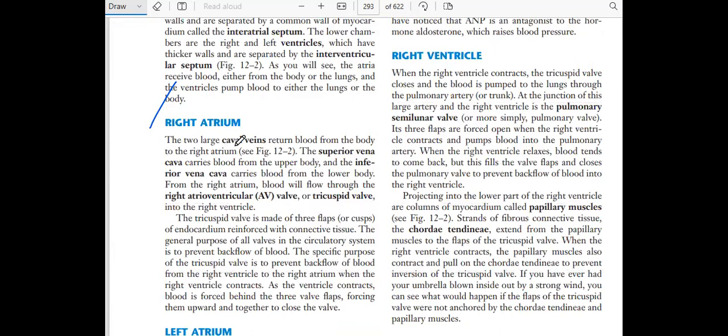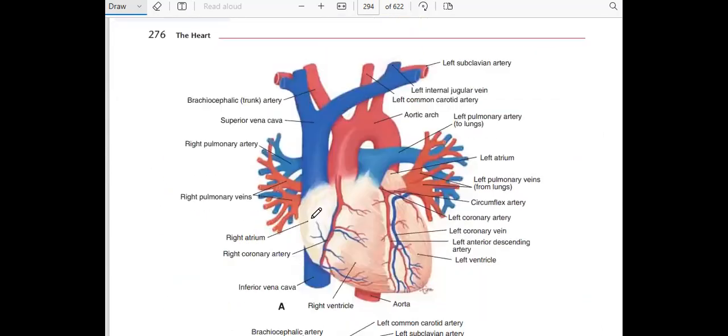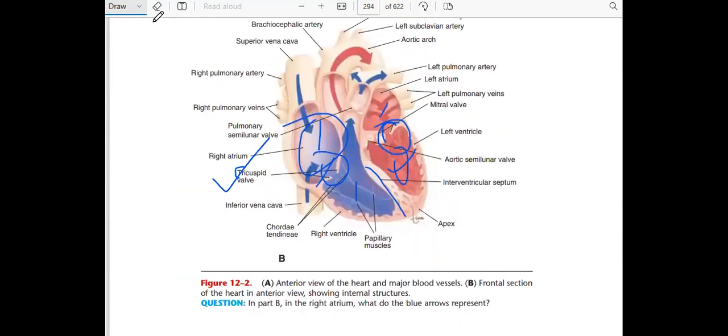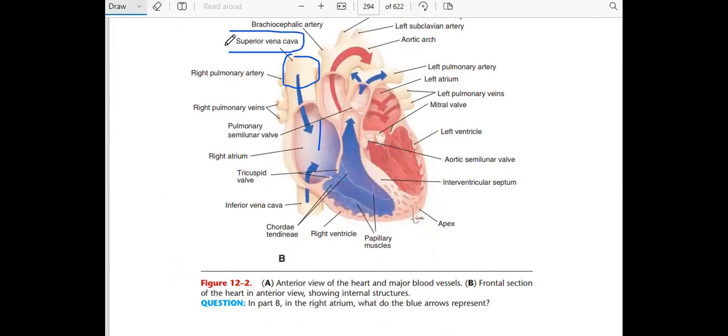The two large caval veins return blood from the body to the right atrium. So what is the main function of the right atrium? Here we have a large vein, the superior vena cava.